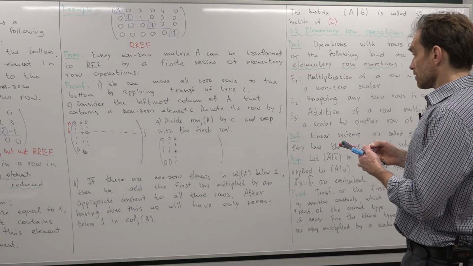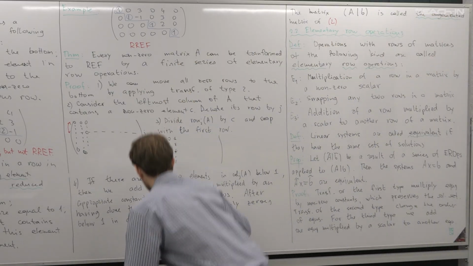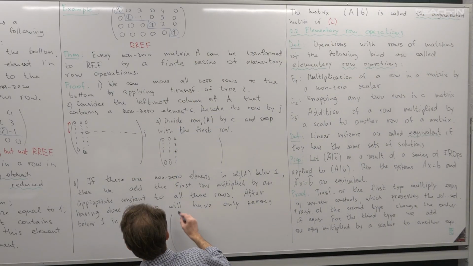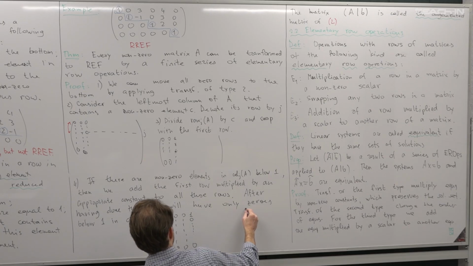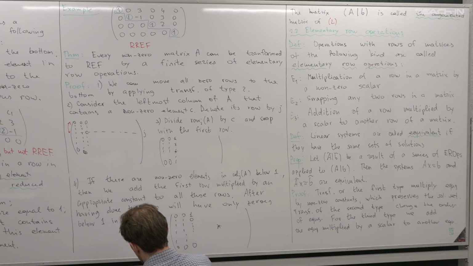Our matrix will look like this: here we possibly have some zero columns, then we have 1, then we have zeros here, and then we have something to the right of this column.